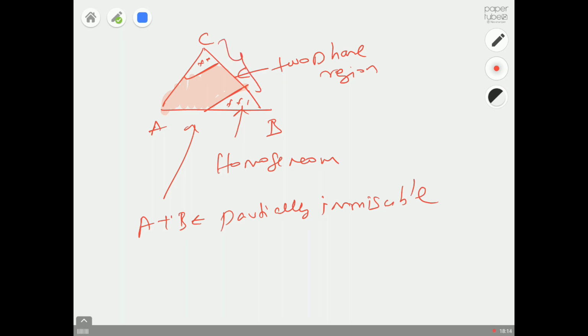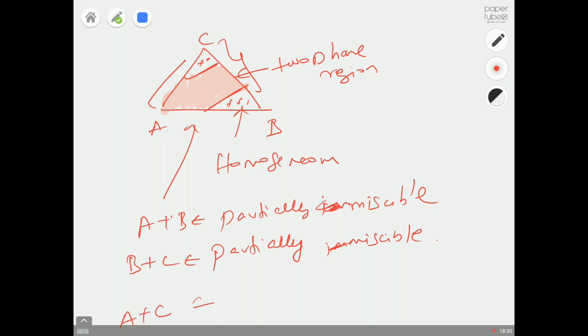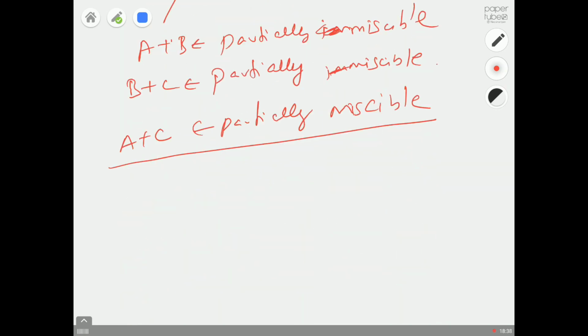Again, B plus C, partially miscible, and then A plus C, again partially miscible. Forget the word immiscible, they are partially miscible. So keep those things in your mind.